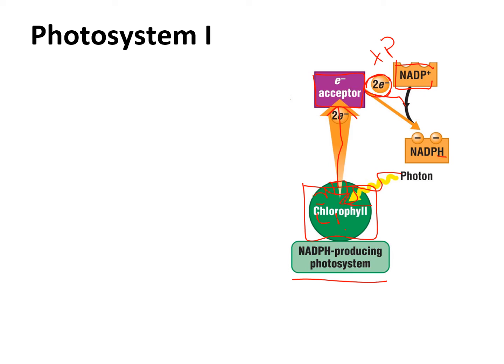So what will happen is that the NADP is going to gain an electron, gain a hydrogen atom. So it's going to be reduced. NADP is reduced into NADPH. So it's gained an electron, gained a hydrogen, gained energy. So this is going to be a high energy molecule.